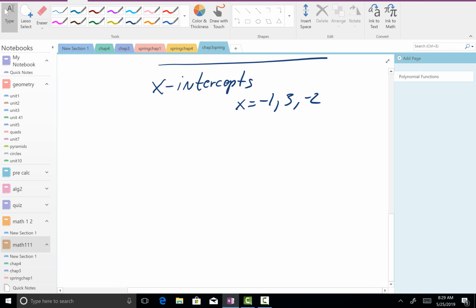So we should start to see some patterns: if I have an odd degree, then I'm going to get something like that.